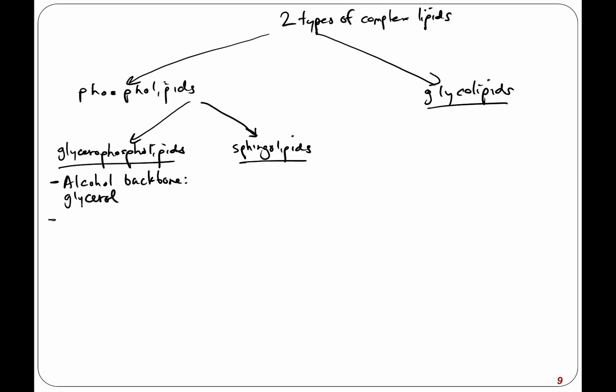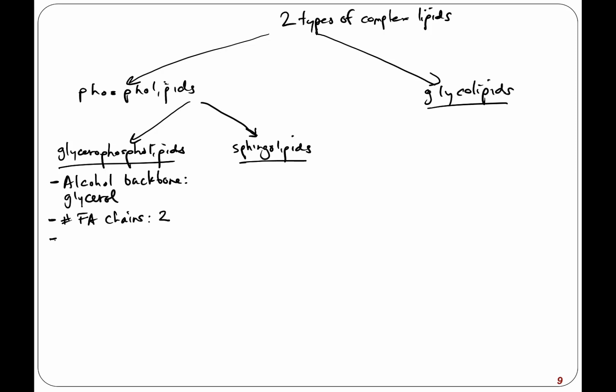Now, another thing I like to keep track of is the number of fatty acid chains. If we think about what we just drew, a TAG had 3 fatty acid chains. It turns out that these glycerophospholipids have 2 fatty acid chains attached to the backbone, and we'll talk about that as well.